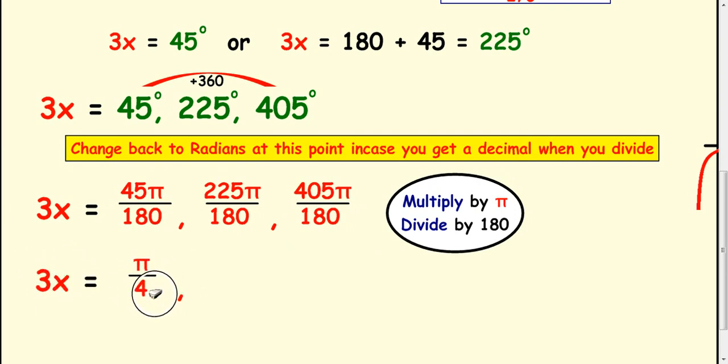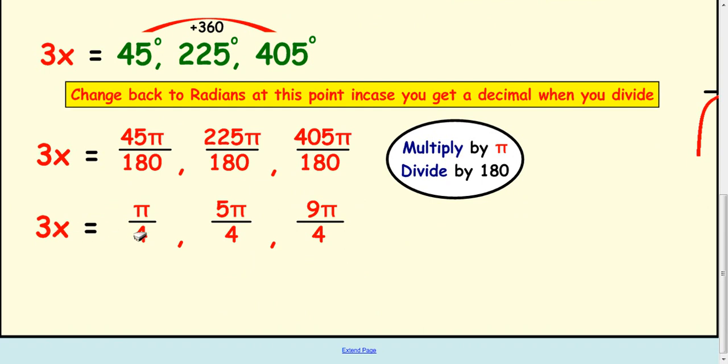Cancel it down. So pi over 4, 5 pi over 4, and 9 pi over 4. Always look for dividing by 45 because 45 goes into 180 4 times. 45 is a good factor of these values.